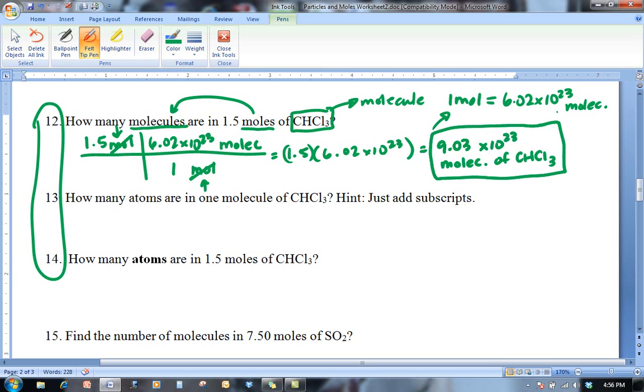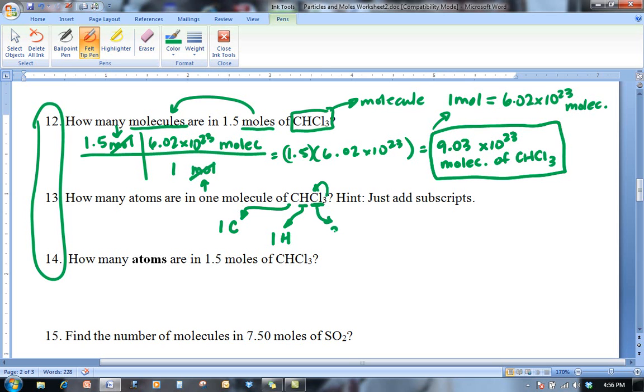Number 13 says, how many atoms are in 1 molecule of CHCl3? And I gave you a hint which says just add the subscripts. Well, in 1 molecule of CHCl3, I have 1 carbon, I have 1 hydrogen, and Cl stands for chlorine. And since there's a little subscript here, the subscript refers to the element that it's next to.